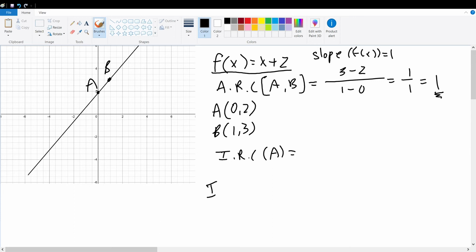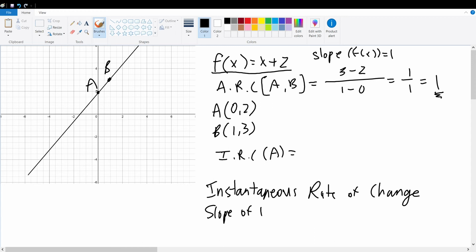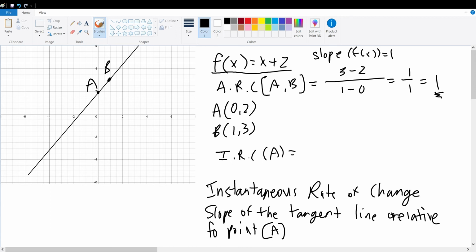The instantaneous rate of change will be defined by the following: the slope of the tangent line relative to point A. And point A will just be the point for which we wish to find the instantaneous rate of change of.